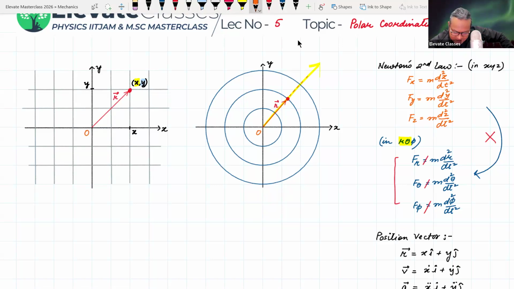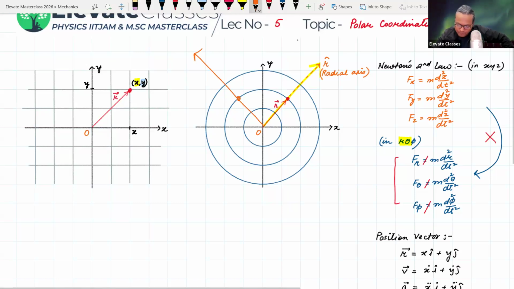The radial axis is the direction along the position vector, outward, nothing else. We can call it r cap, or I can call it the radial axis. Notice here that the radial axis very much depends on the position of the particle. If the particle is here, the radial axis is in this direction. Okay, so the radial axis is not a constant. It keeps on changing as the particle is in motion.